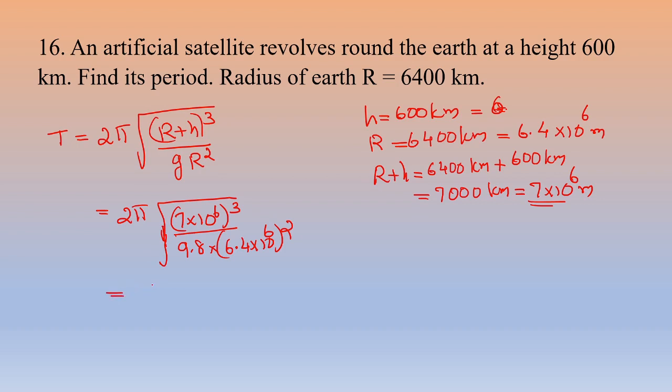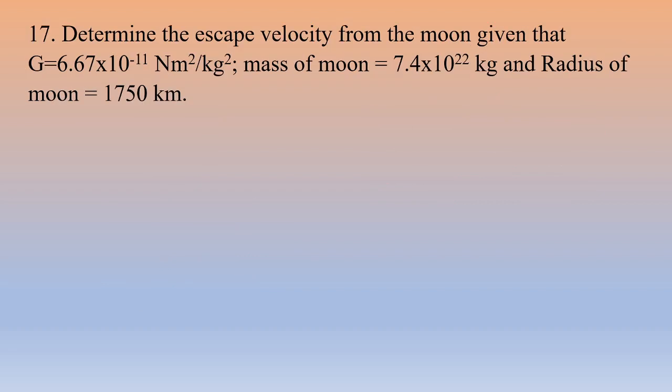So after the calculation, you will get the value of the time period is 1 hour 37 minutes. You will get the answer in seconds, and that we can divide by 3600. You will get the time period in hours.